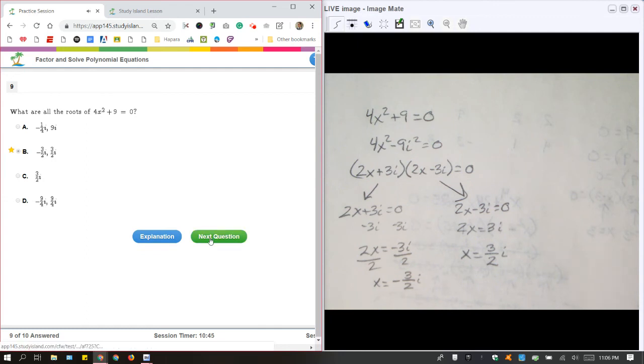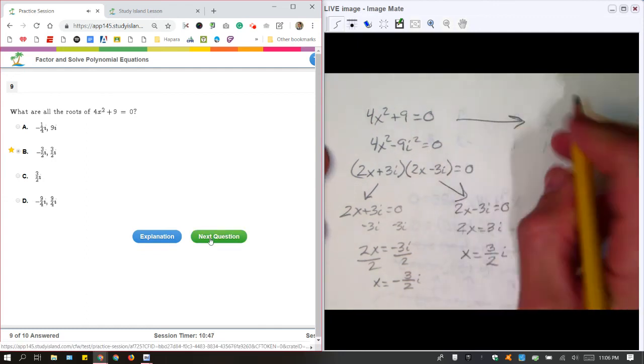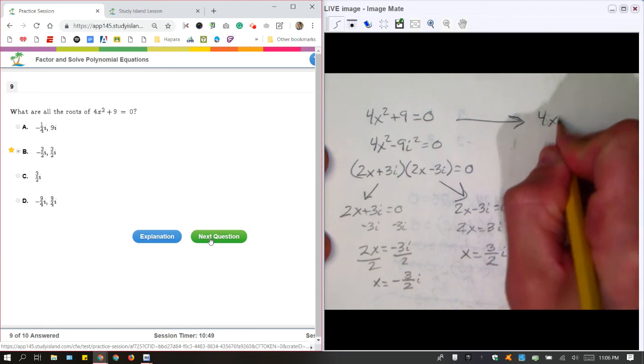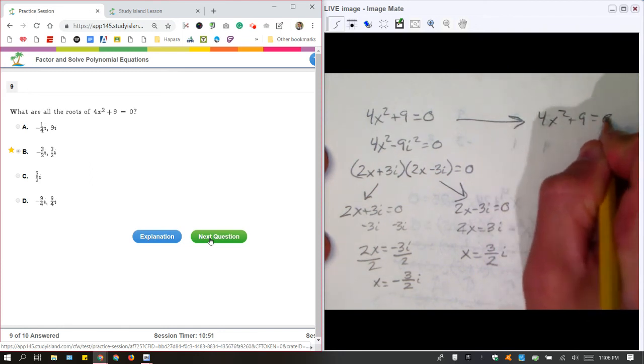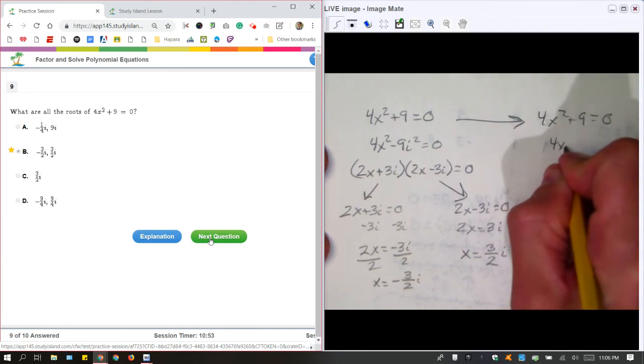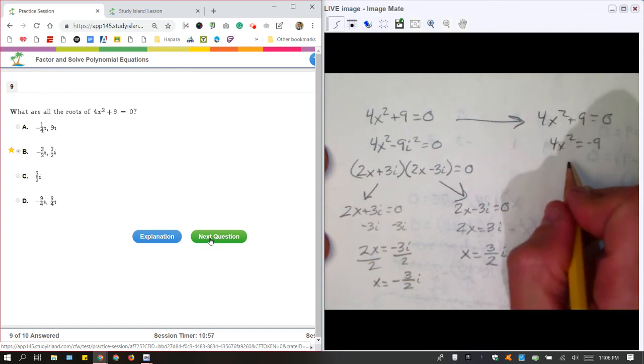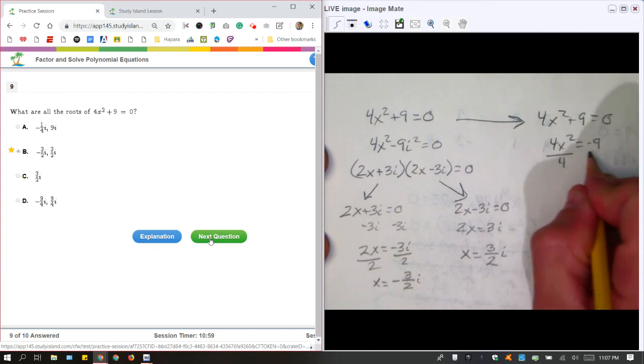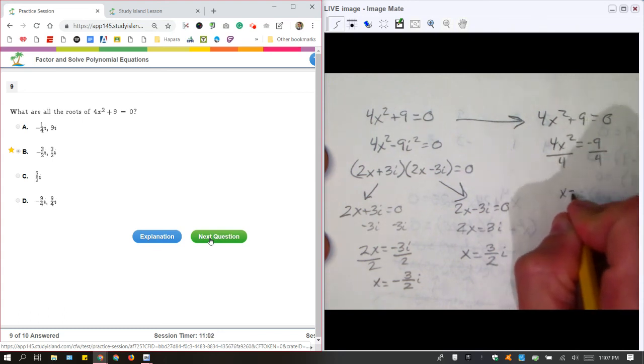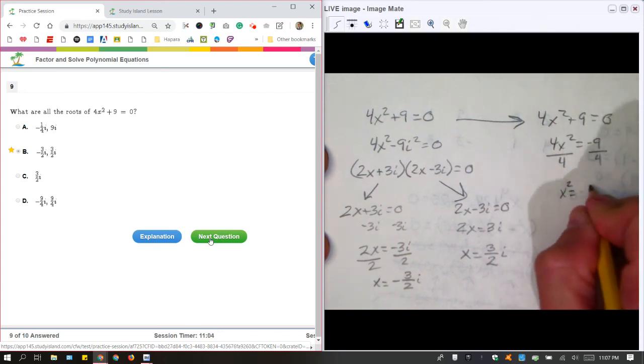If you wanted to do this one another way, if you had 4x squared plus 9 equals 0, you could subtract 9 from both sides, you get 4x squared equals negative 9, and you divide by 4 on both sides, and you get x squared equals negative 9/4.